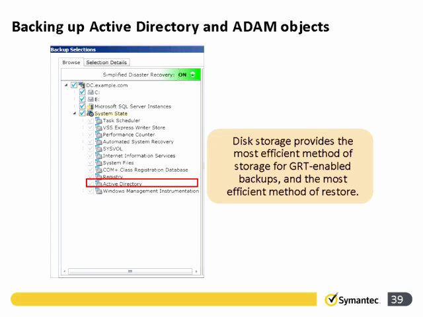On the restore side, we allow you to drill down and restore individual items. Any GRT-based backup, any backup that is doing granular recovery technology, should be written to disk. It is the most efficient, and it is the most efficient to do the restores. If you should write GRT-based backups to tape, on the restore side, you must restore the entire database, in this case Active Directory, before you can restore the little pieces and parts.